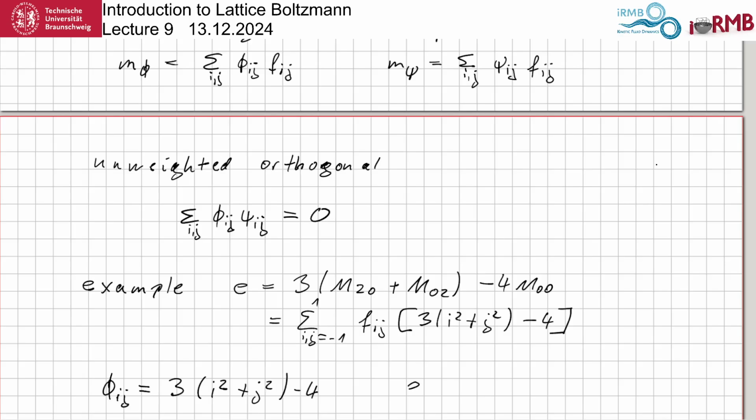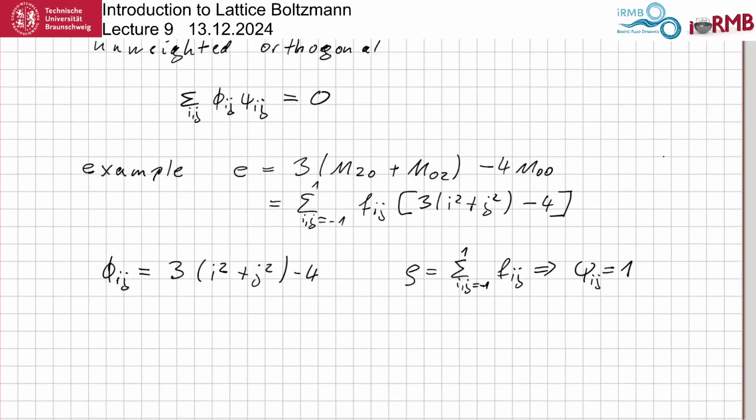And if we look at rho, which is the sum over ij from -1 to 1 of fij, the kernel is just 1, so this means that psi ij is equal to 1.